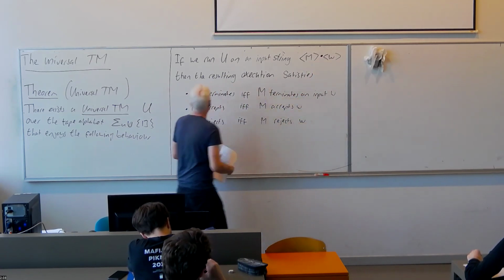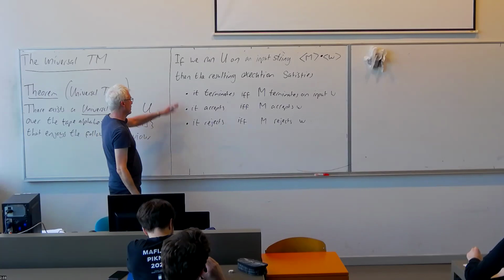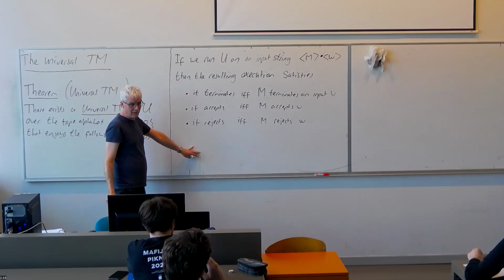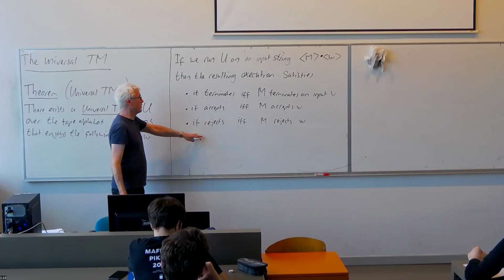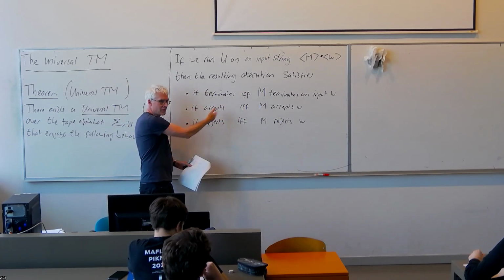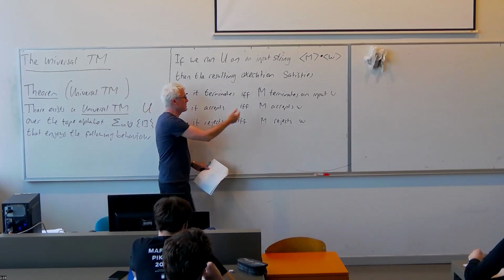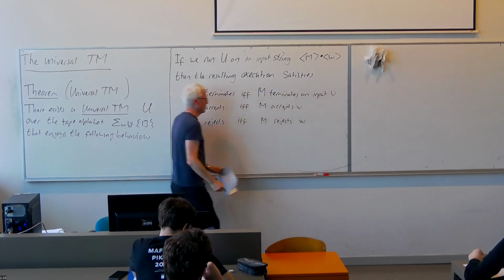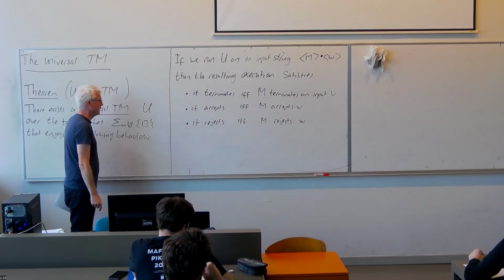And then by the theorem, the eventual behavior of the universal Turing machine on this input agrees with the eventual long-term behavior of the original Turing machine M on the original input W.